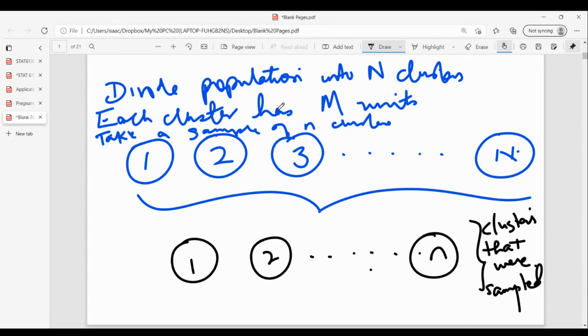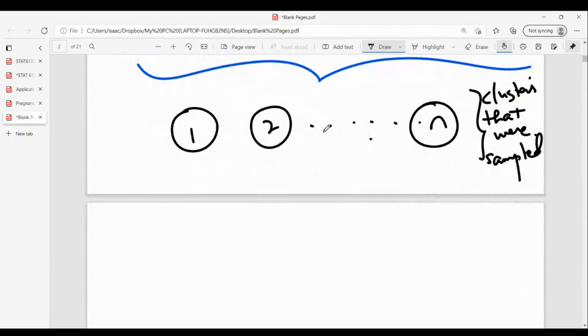Now, what happens is that each cluster has M units. So if initially I had N clusters in the population and each has M units, then the total number of elements in the population is N multiplied by capital M, right?